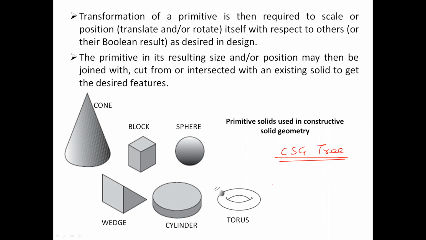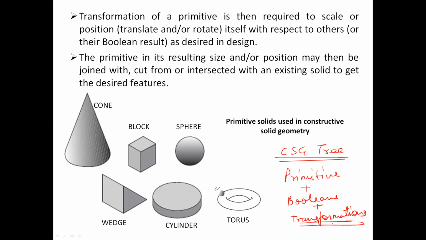Now, in order to get the desired CAD model, you need primitives. Definitely. You need Boolean operations. Definitely. And you also need the transformations. Now, there are different types of transformations.